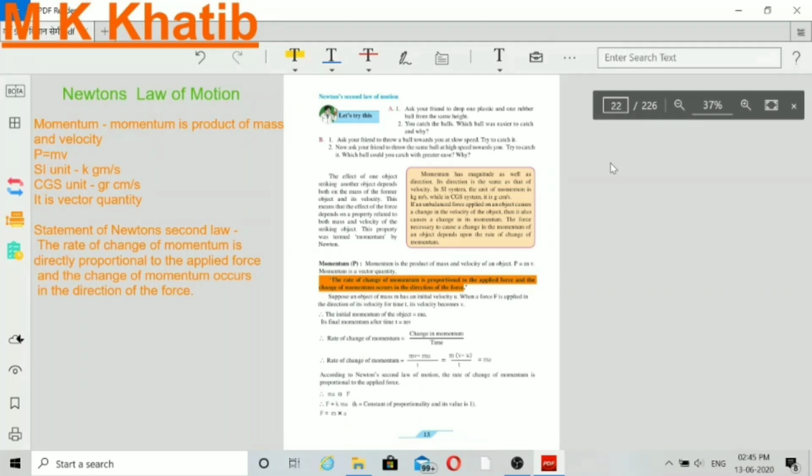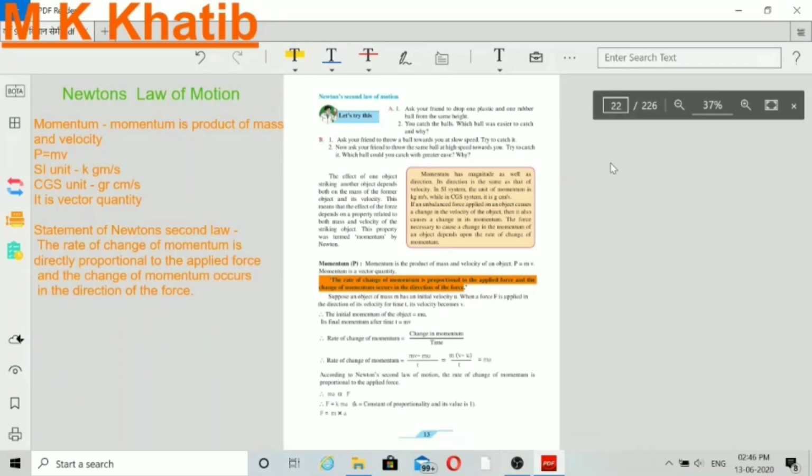When we apply the force F for a time t, its final velocity becomes v and mass is m. So according to the equation of momentum, its initial momentum is mu and final momentum is mv.